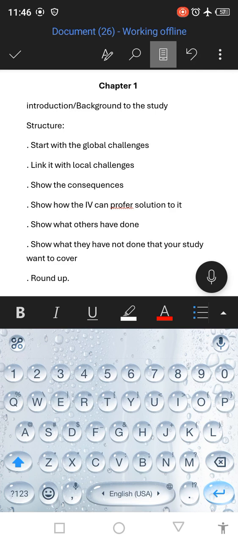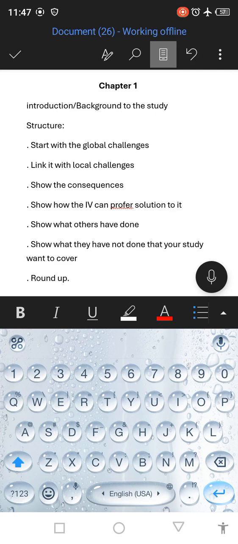Do you understand? So you're going to link the global challenges. You are going to talk about the consequences of these global challenges and how it brings about local challenges.